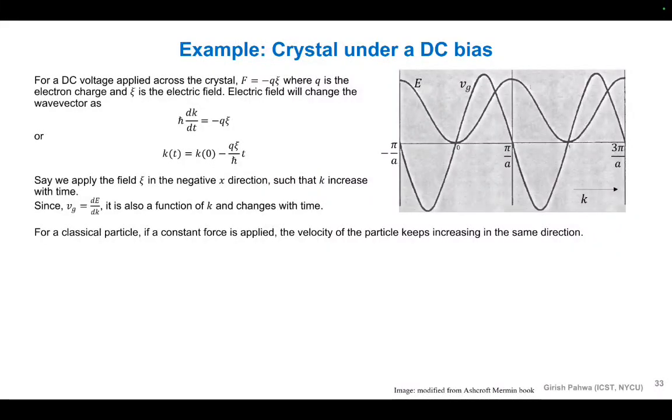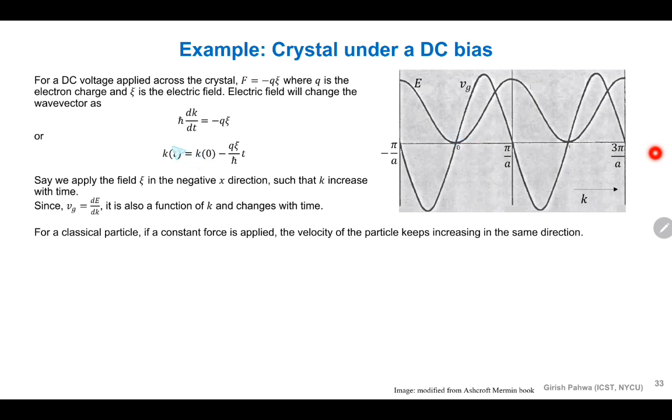About what happens to a crystal when we apply a DC bias across it. So we talked about it and we saw that the particle is going to do some Bloch oscillations.